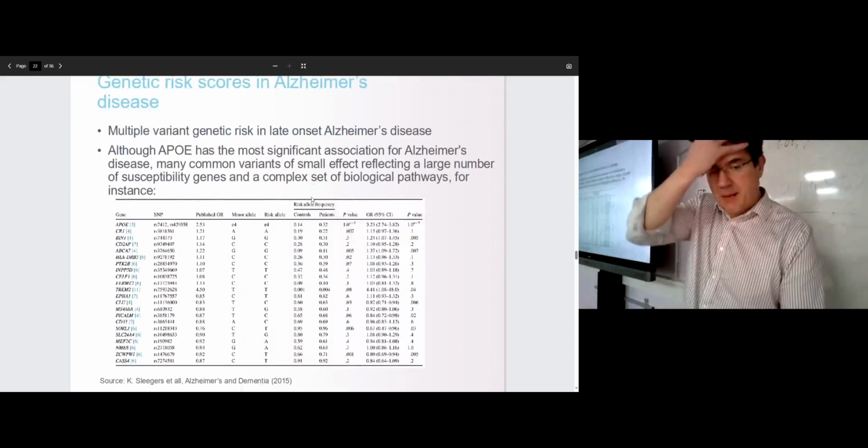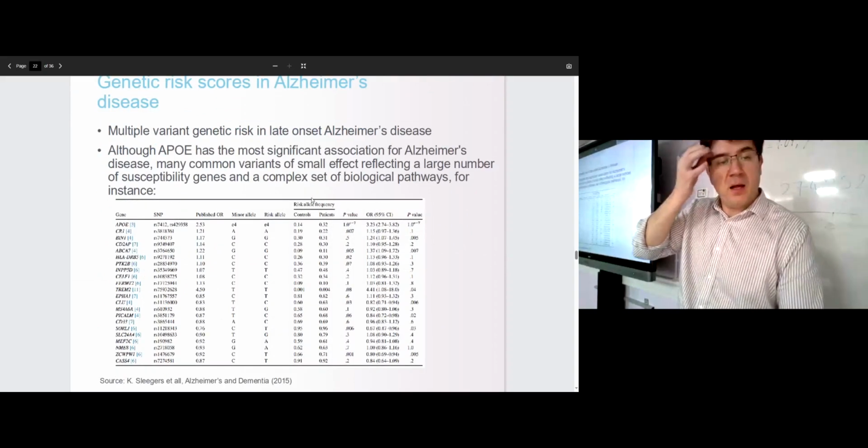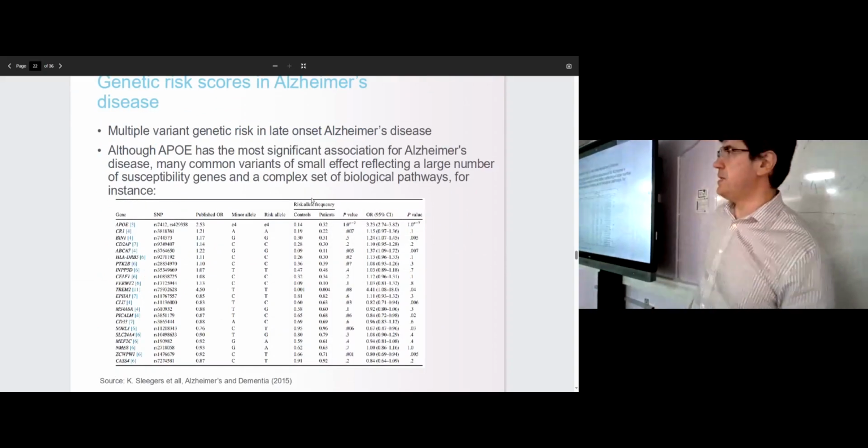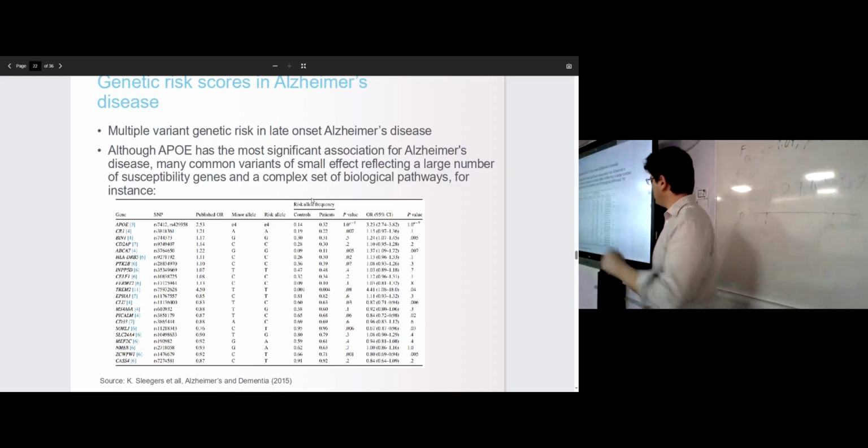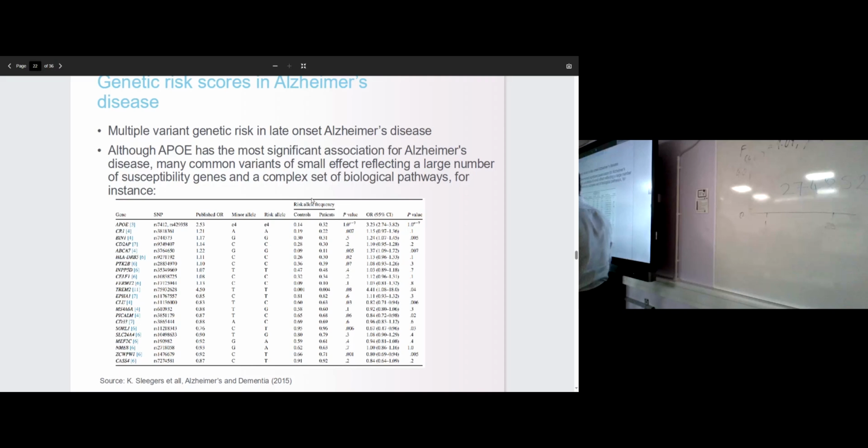So here we have an example of polygenic risk that basically uses GWAS variants, and then it provides a weight for each of the variants. So you may remember I mentioned earlier that SNP rs429358, which was part of the ApoE.